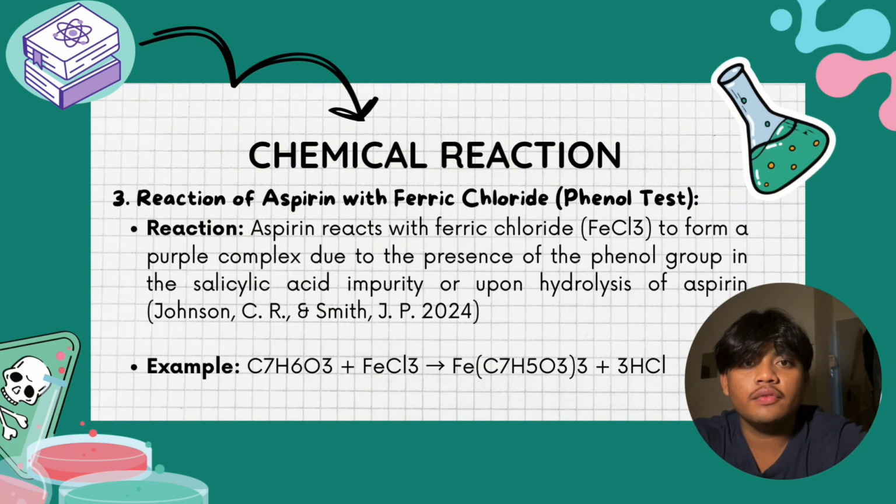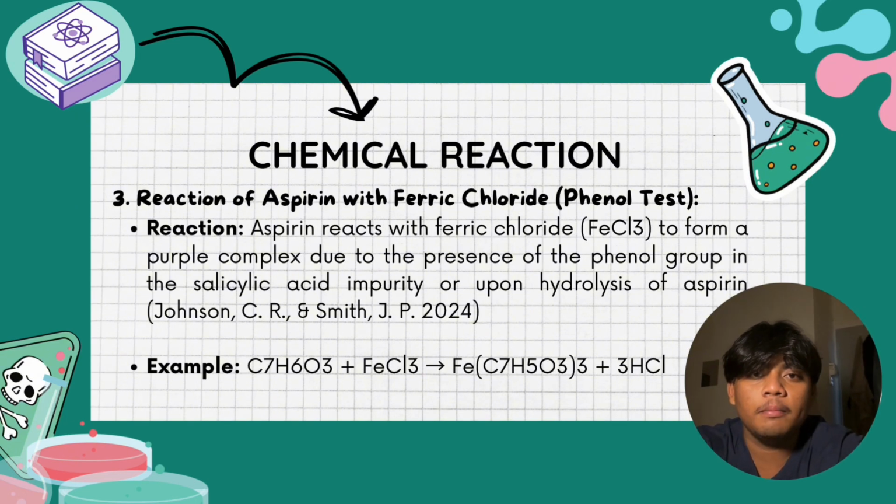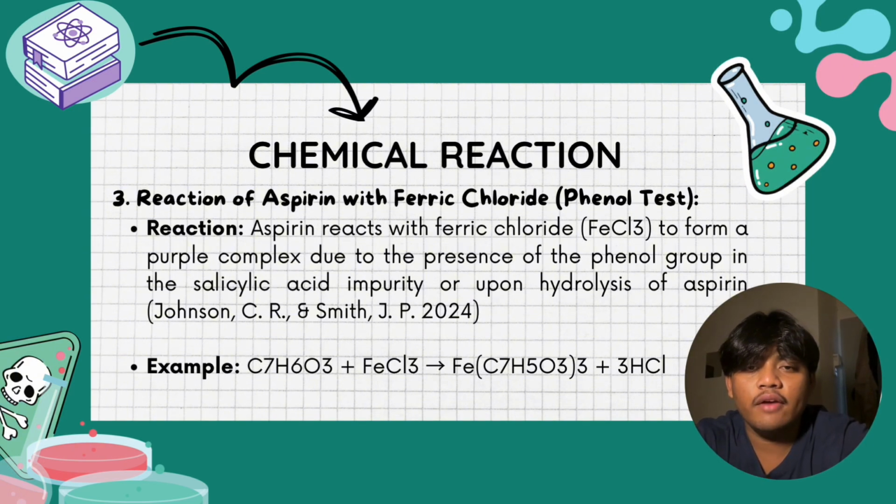And the last one for chemical test is reaction of aspirin with ferric chloride. It is a phenol test. When aspirin reacts with ferric chloride, FeCl3, a purple complex is formed. This happens due to the presence of salicylic acid, either as an impurity or formed by hydrolysis. The phenol group, OH, in salicylic acid interacts with Fe3+ ion to produce the colored compound.